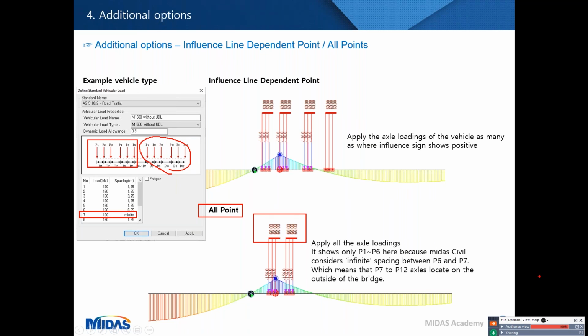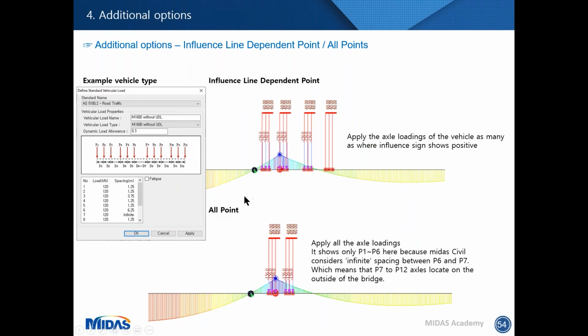So that's why it is not showing in the result view. If it is not infinite spacing, you apply all the vehicles like this when you use all point. This is the difference between two options.